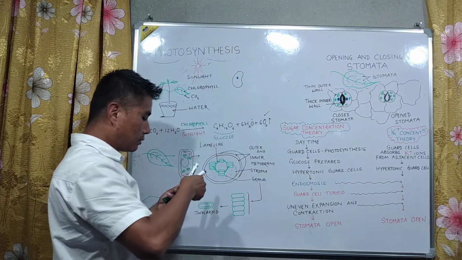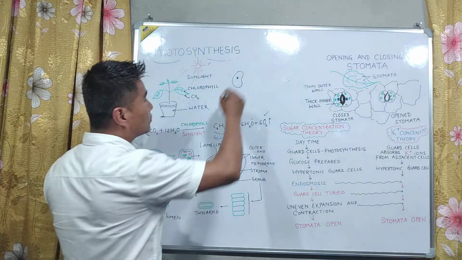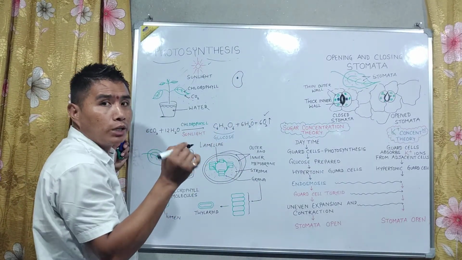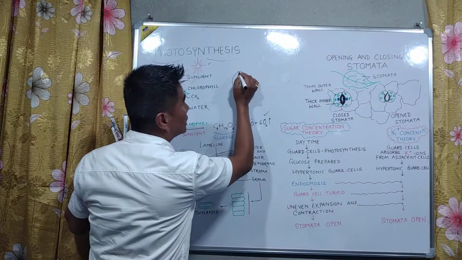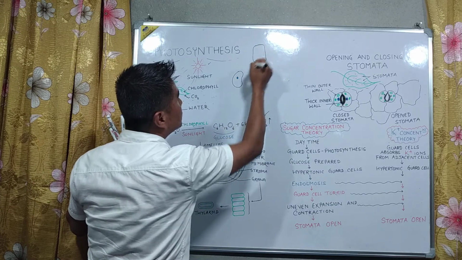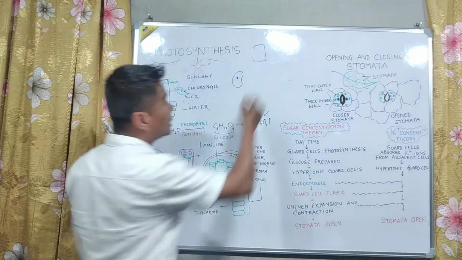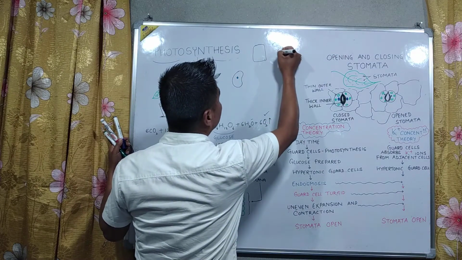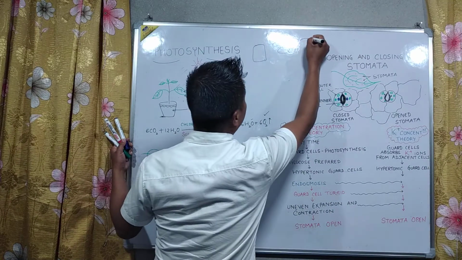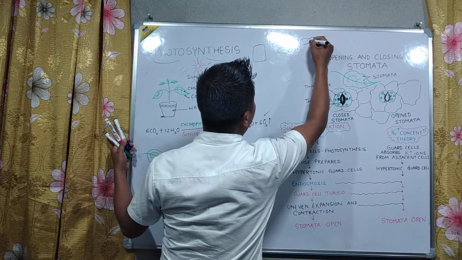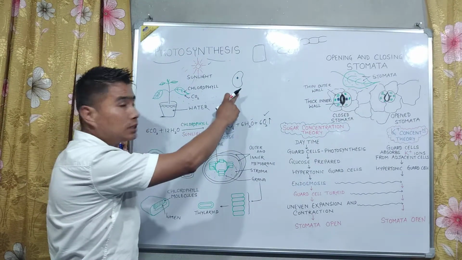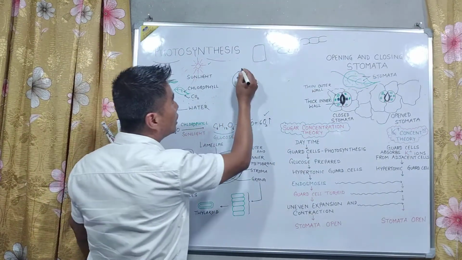Now the peculiar thing about this guard cell is the cell wall, the uneven cell wall. What do we mean by that? This is a plant cell only, as you know very well. It's not necessary that all plant cells should be rectangular in shape. If you talk about parenchymatous cells, they are polygonal in shape. Or if you talk about endodermis, they all are barrel shaped cells. Likewise, guard cells are kidney shaped cells, and the outermost cell wall is uneven.